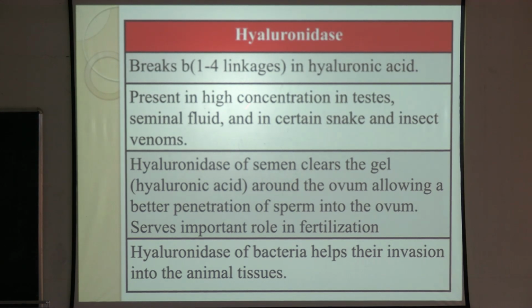The presence of hyaluronidase in seminal fluid helps in clearing the gel around the ovum, allowing fertilization. The hyaluronidase of bacteria helps their invasion into animal tissues also, as connective tissue contains hyaluronic acid.